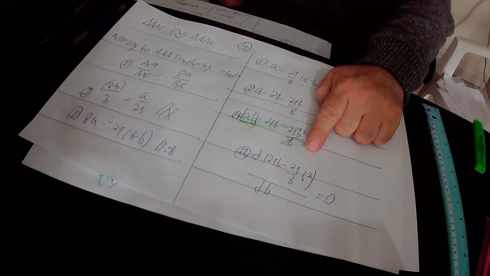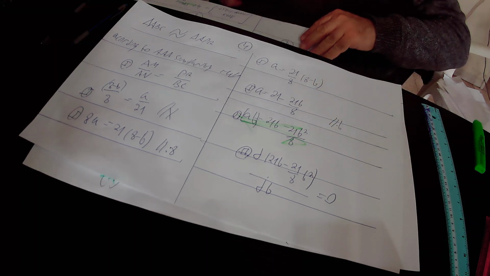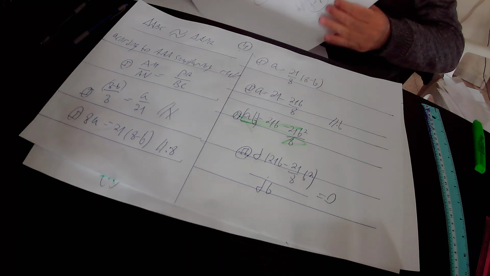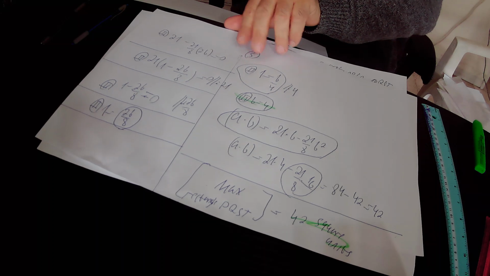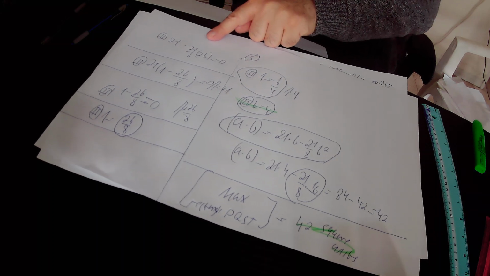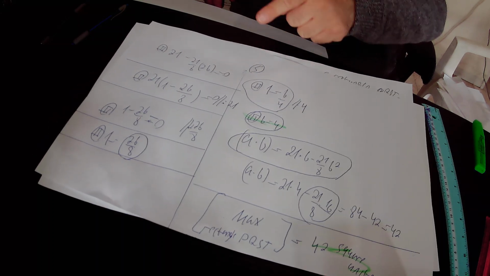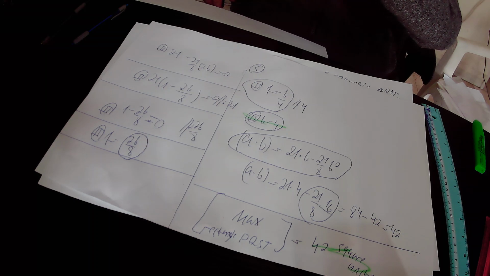Actually we know that the derivative of b squared is 2b, and therefore in total the derivative of minus 21 over 8 b squared will be equal to minus 21 over 8 times 2b. Okay, so we found out that the derivative of the function area is 21 minus 21 over 8 times 2b, and it is equal to 0.